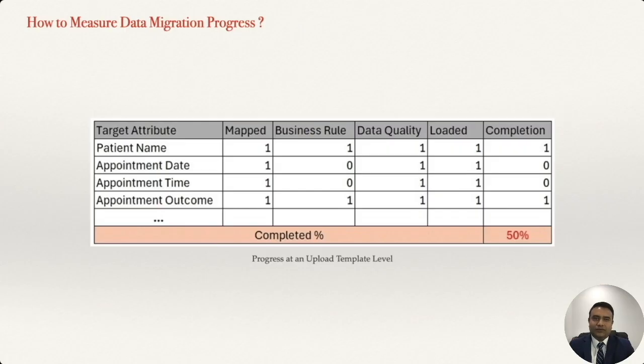So 25 by 60 into 100, the progress for that particular template is 41.67% right now. So this is how you can derive the progress for a particular upload template.